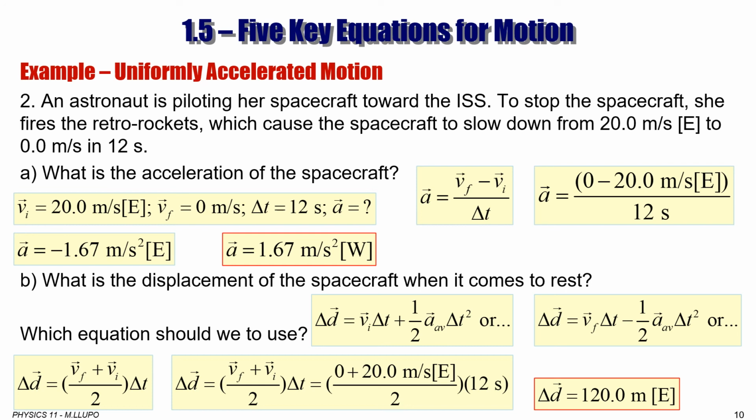So that's about it for these 5 key equations of motion. You need to practice a lot because which equation to use comes up very, very often. The answer for this one is practice, practice, practice.